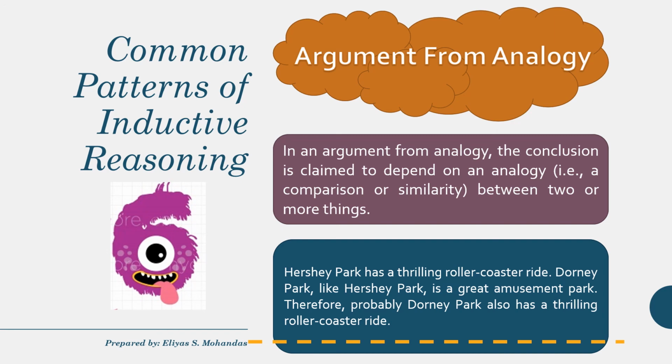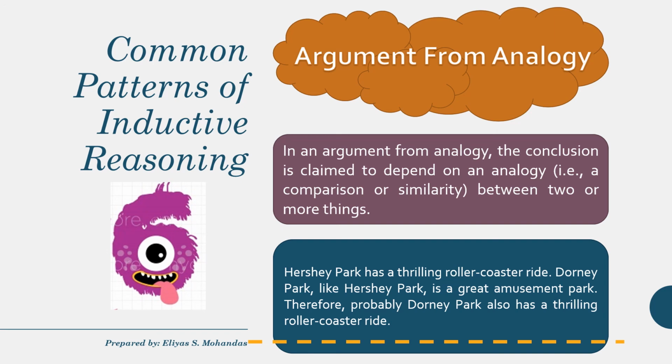Now, you are comparing Hershey and Donny Park. When you say that Hershey Park has a thrilling roller coaster ride, then you are comparing with Donny Park, and the only similarity between Hershey and Donny is that both are amusement parks.